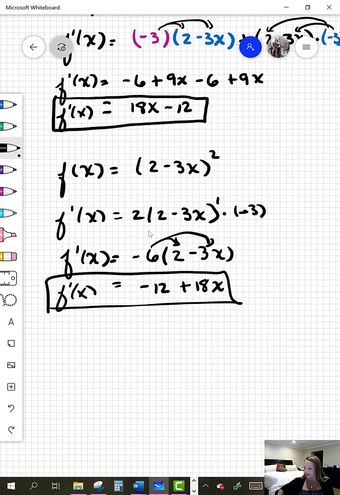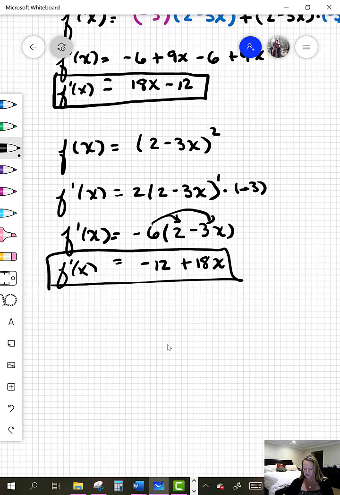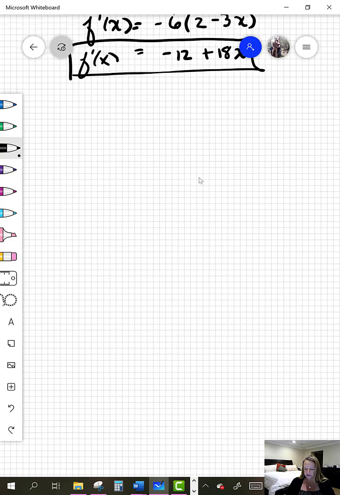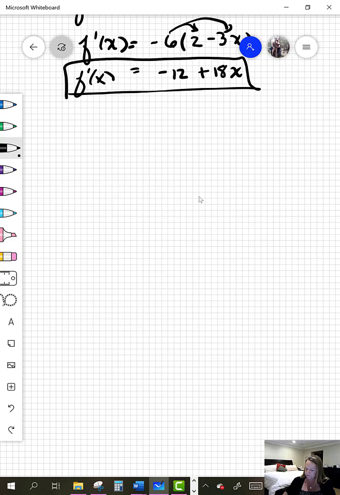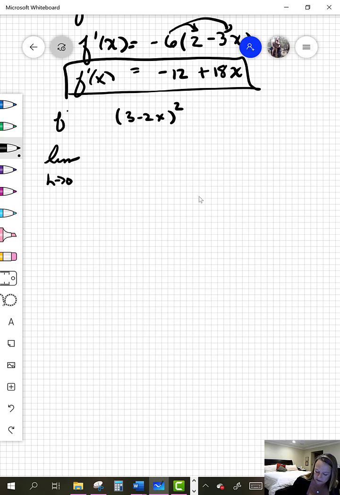And then the last way that you wanted to do this was using the difference quotient, the formal definition of a derivative. So we're looking at the limit as h is approaching 0 of f of x plus h. Remember this was 3 minus 2x quantity squared. So wherever we see an x, we're going to replace this with x plus h.